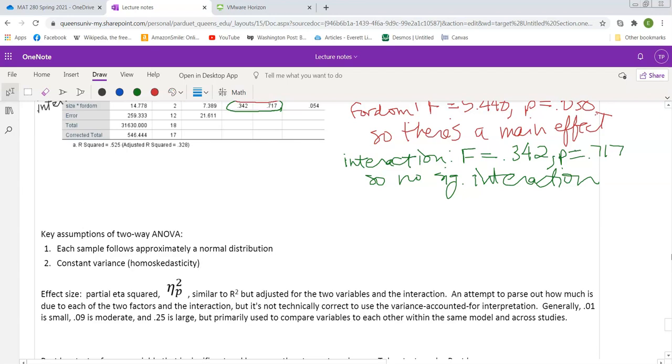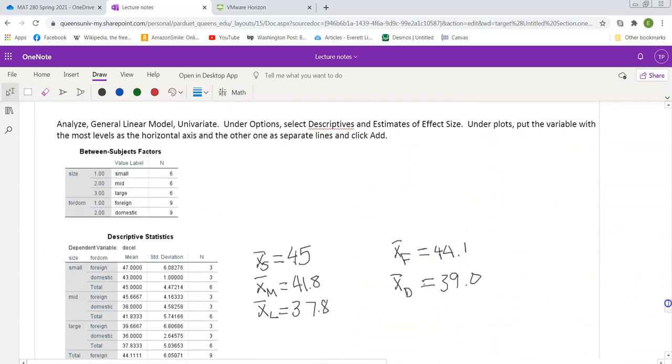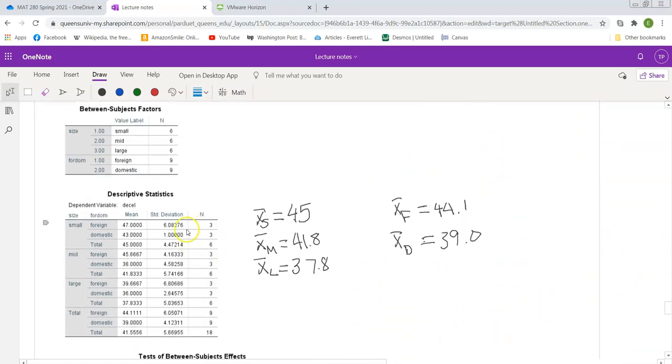So I'm talking about the three values in, well, let me go back up here and show you what I'm talking about. So the three in the small foreign cars follow a normal distribution.